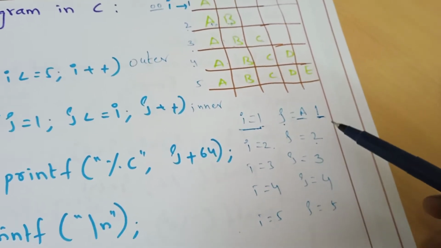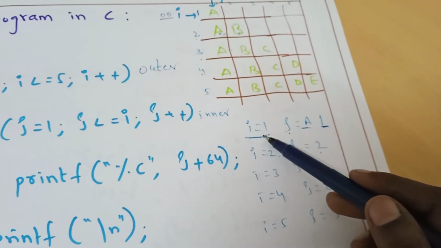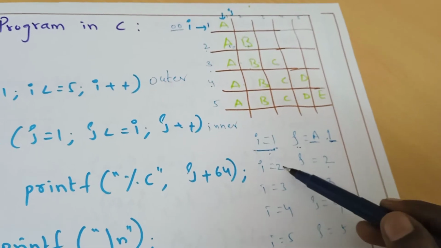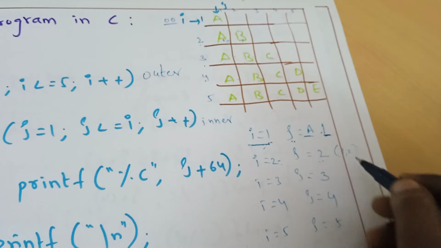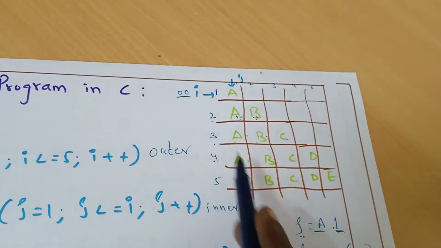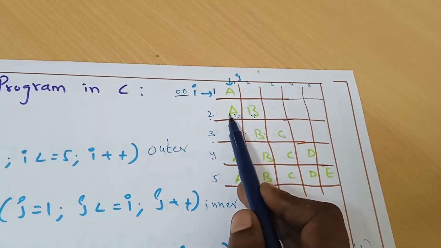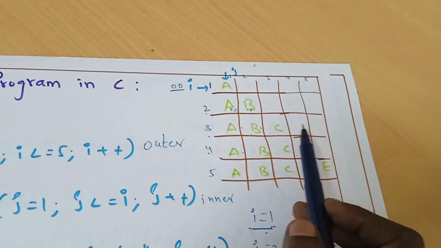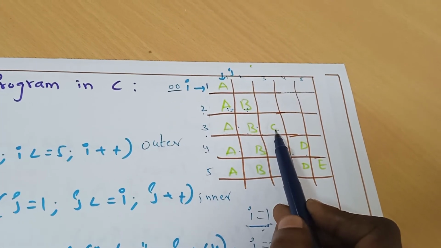One more point to keep in mind: when I is 1, J is 1. When I is 2, J should print 1 and 2. When I is 3, J is also 3, which indicates one value, 2 value and 3 value.